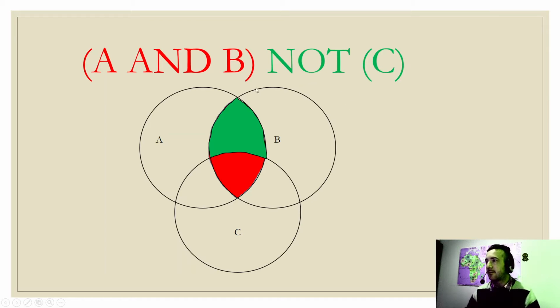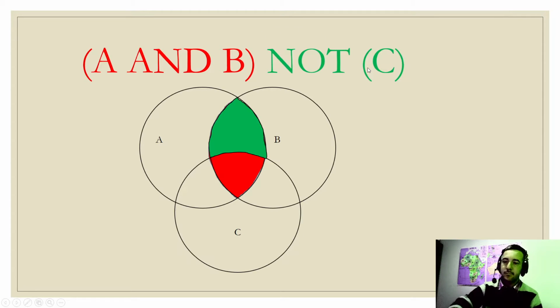Now, the way to explain this is I put these in parentheses, and therefore this whole thing is seen as a term. So getting back to order of operations, going to the parentheses first, so to the not, this A and B is seen as a term, and C is another term. So it includes the first, but not the second.